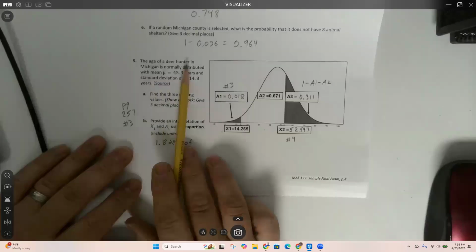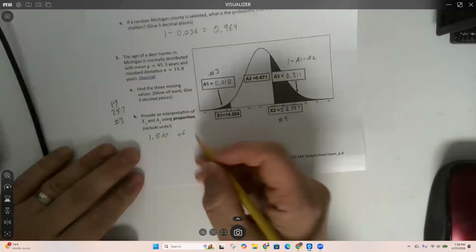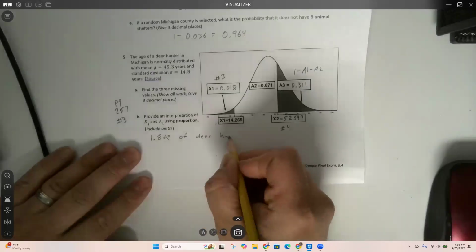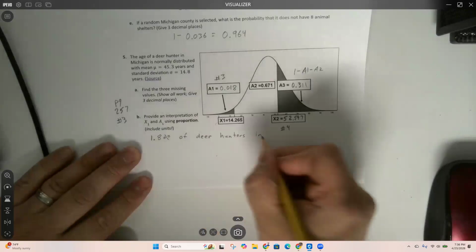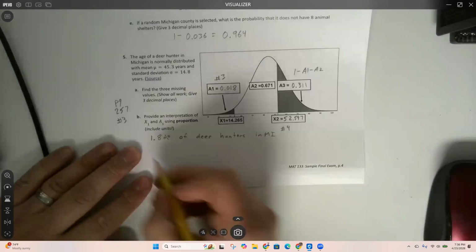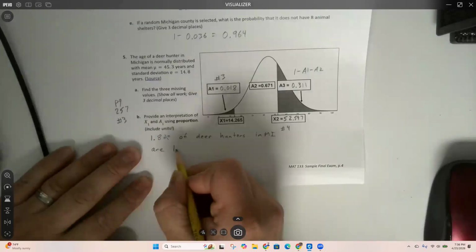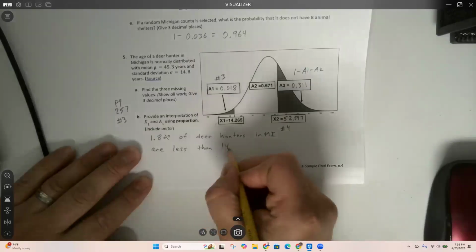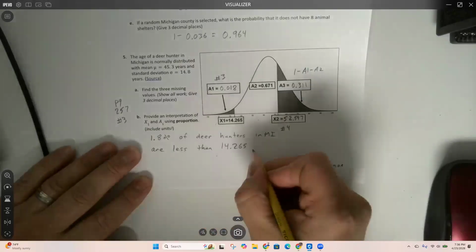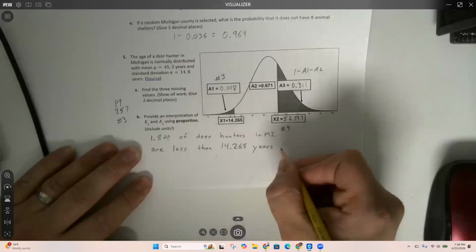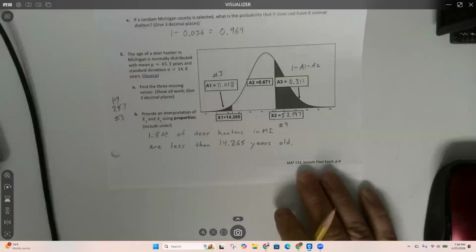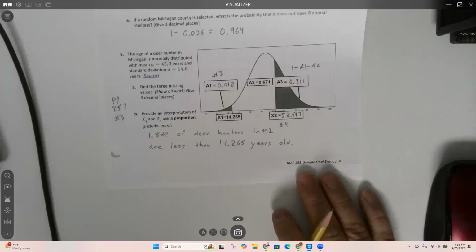The age of a deer hunter in Michigan. 1.8% of deer hunters in Michigan are less than 14.265 years old. You can be less than 14 to hunt deer in Michigan.